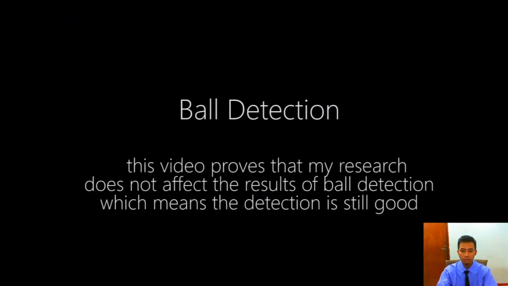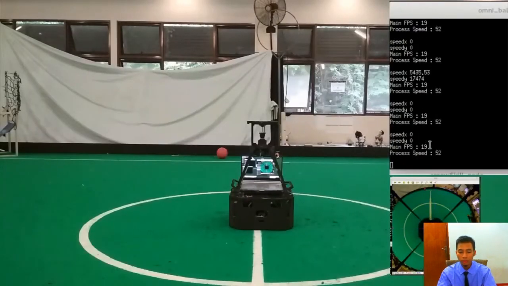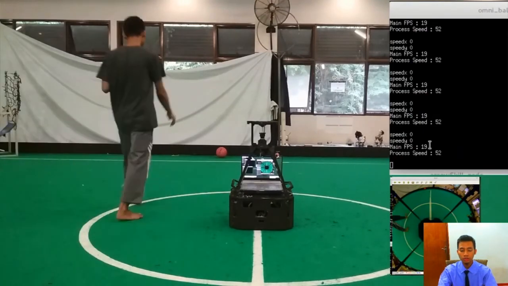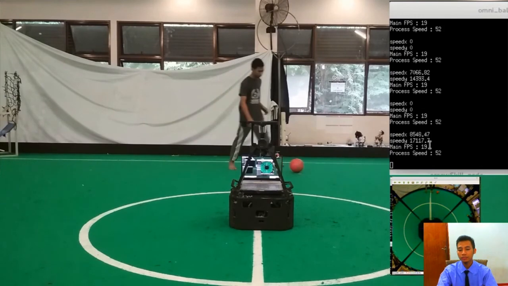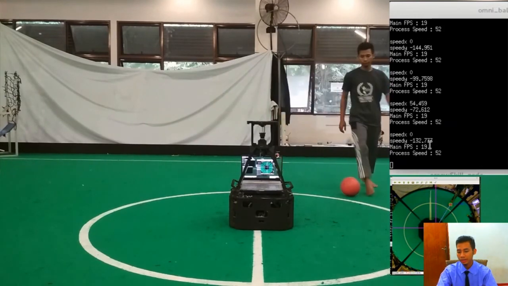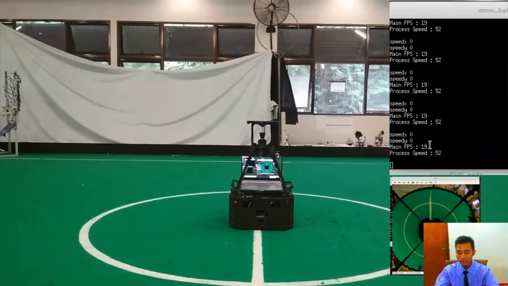And then this video proves that my research does not affect ball detection. After I implement the system, the ball detection is still good. You can see in this video the ball detection is still good.